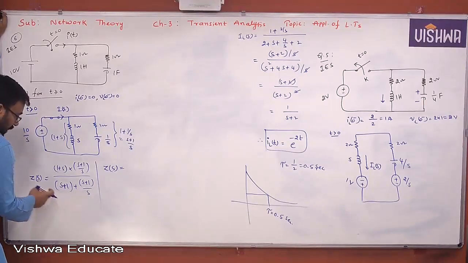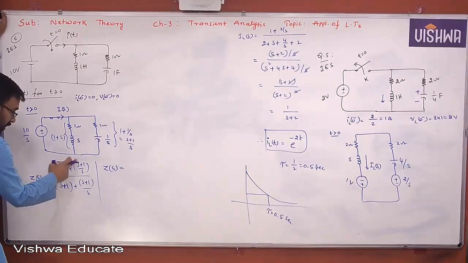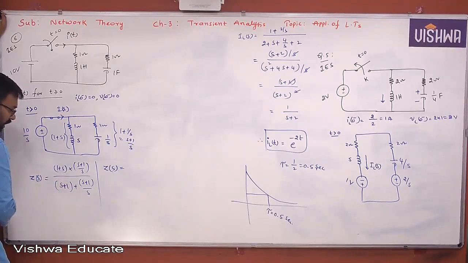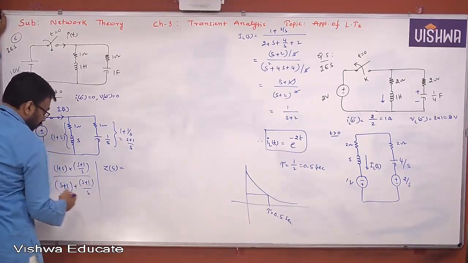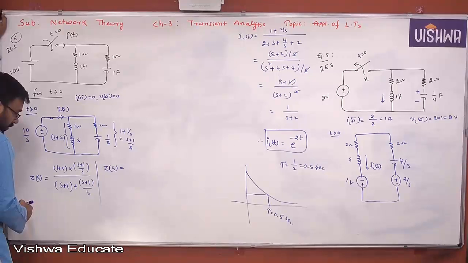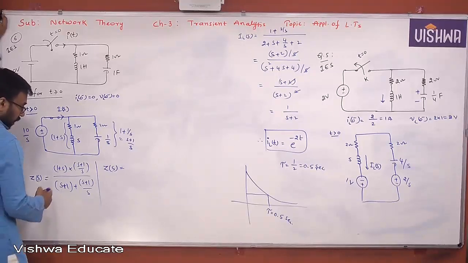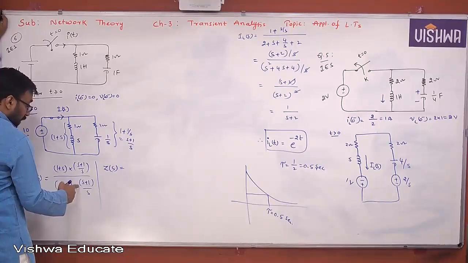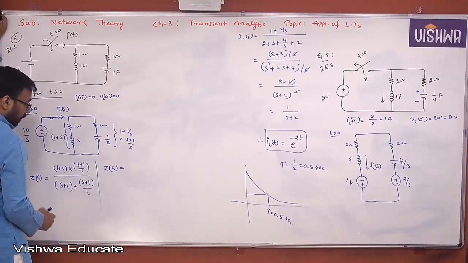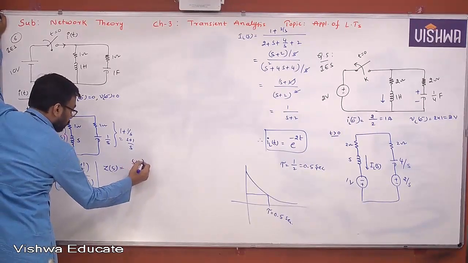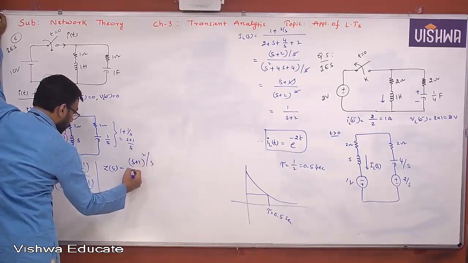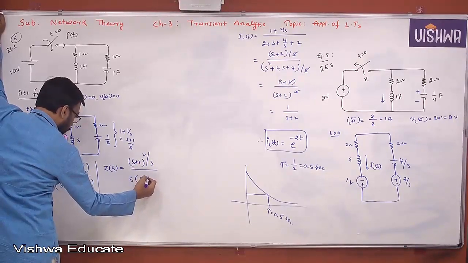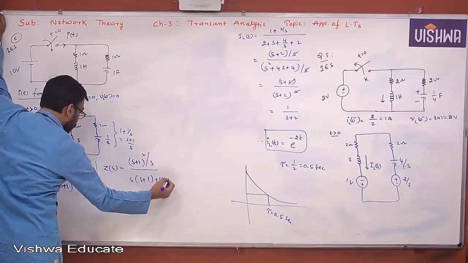So Z of S will be equal to, now what do you get here? So this is S into S plus 1, right? This is S plus 1 whole square by S. Now S into S plus 1, therefore S plus 1 you can take it common. Look at this, all of you. You can take S plus 1 into S plus 1 by S plus S plus 1 by S. So what do you get here? S plus 1 whole square by S by S into S plus 1, plus S plus 1.